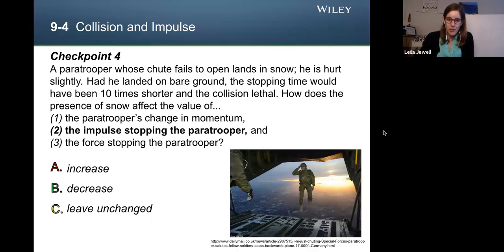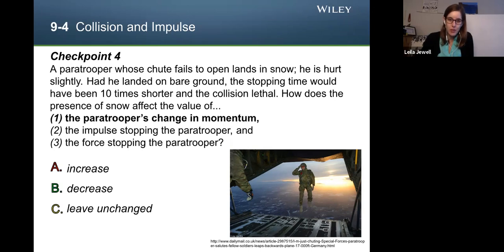So for the change in momentum, the impulse, and the force stopping the paratrooper, let's talk it through before I show the answer. For the paratrooper's change in momentum, the key here is we can focus on the change in momentum of before encountering the snow or the ground and after the paratrooper stops, right? We're here talking about the collision with the ground, so we're focused on after he stops.